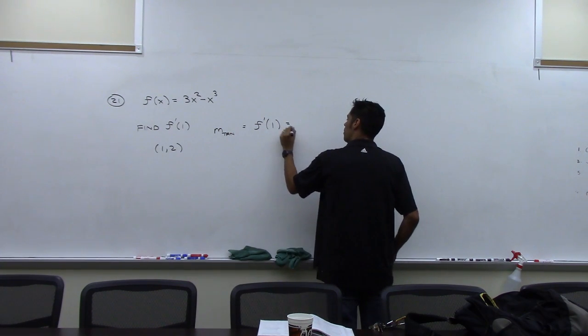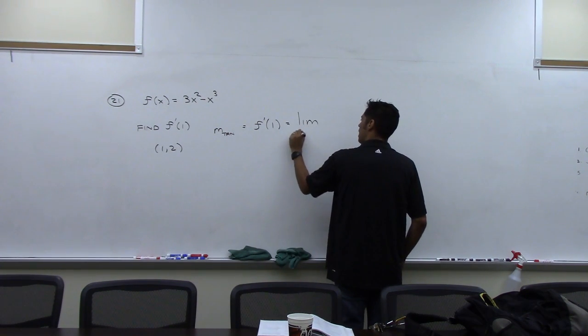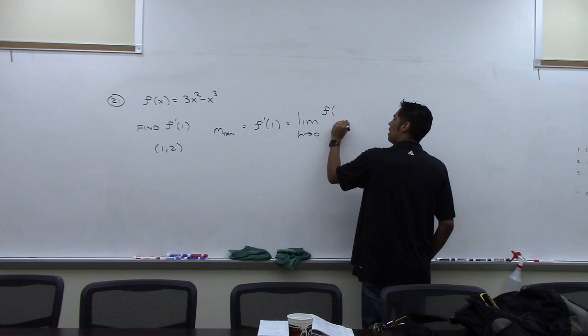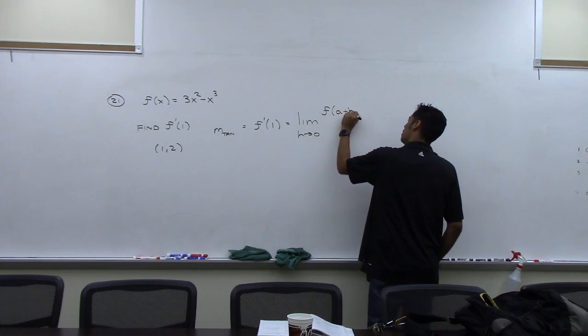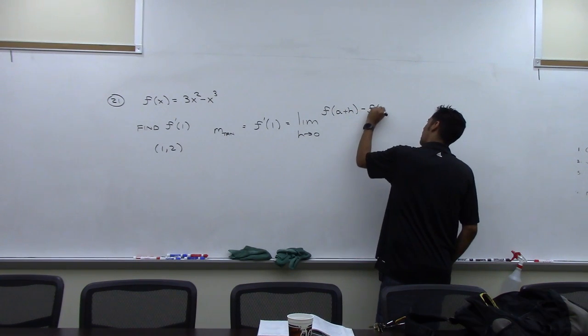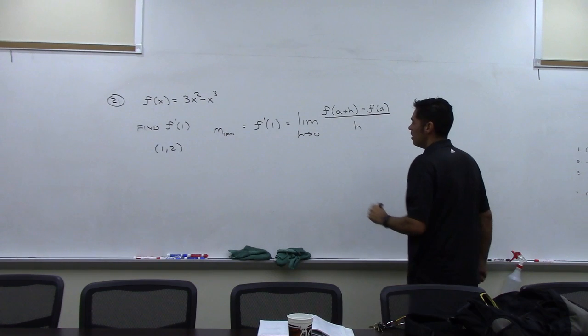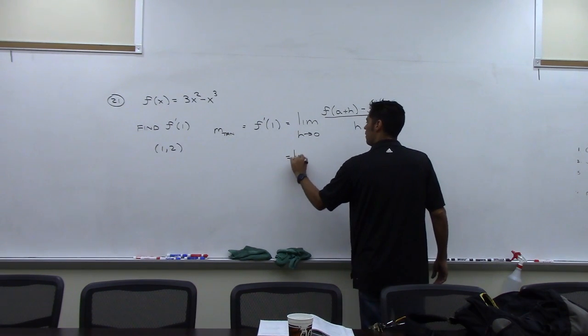So this will be equal to the limit, I'm going to use the h one, as h goes to 0, of f of a plus h minus f of a all over h. And for us in this problem, a is 1.